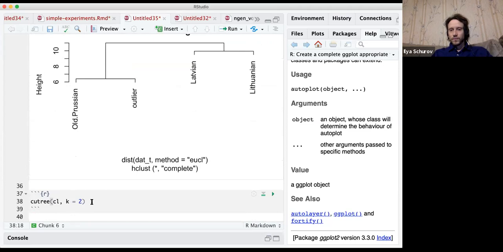We discussed that from hierarchical clustering, you can get as many clusters as you want. So here is just your request. You say, I need 2 clusters from this hierarchy, and it gives you the result.